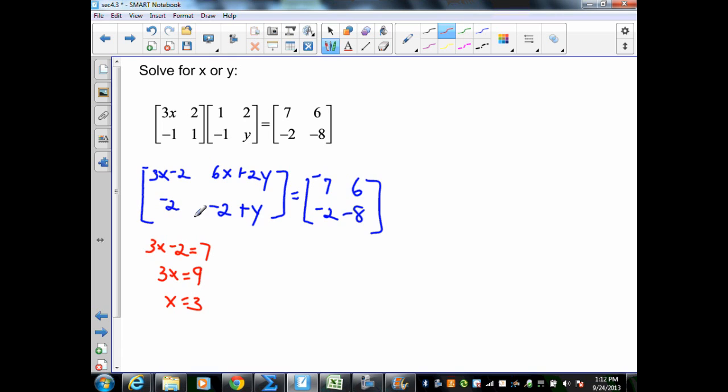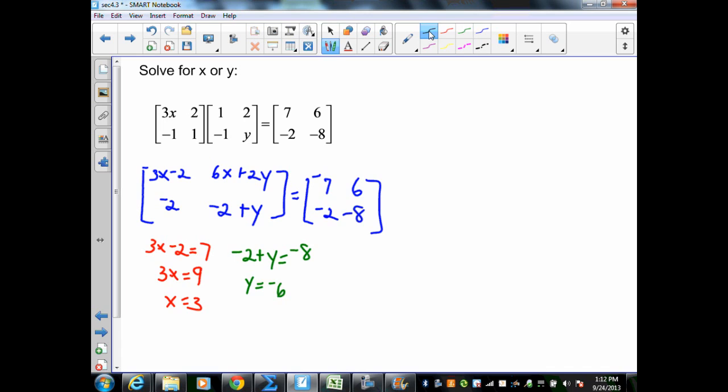I already have that negative 2 equals negative 2. That's good. Let's solve for y in that expression. So I'm going to have a negative 2 plus y equals a negative 8. That gives me, when I add 2 to both sides, y equals a negative 6.